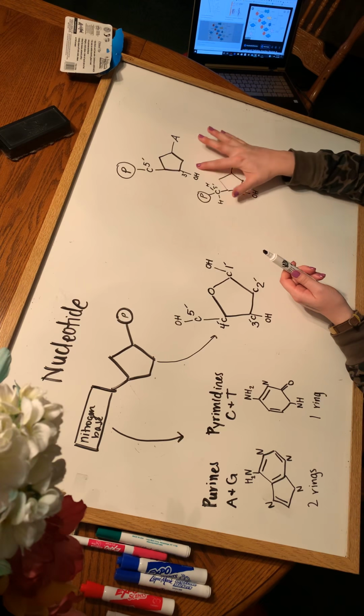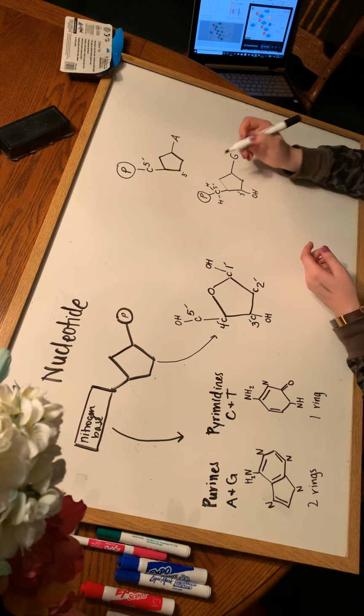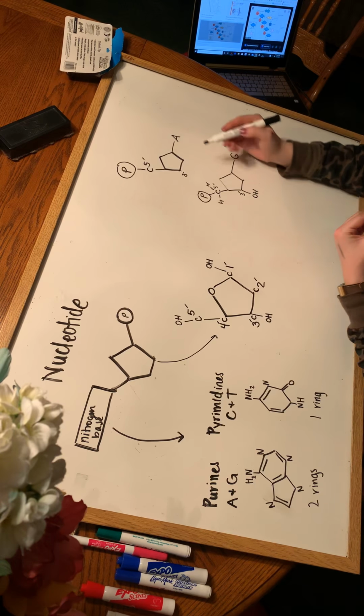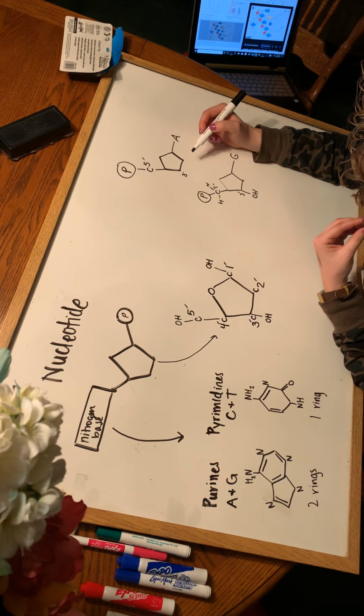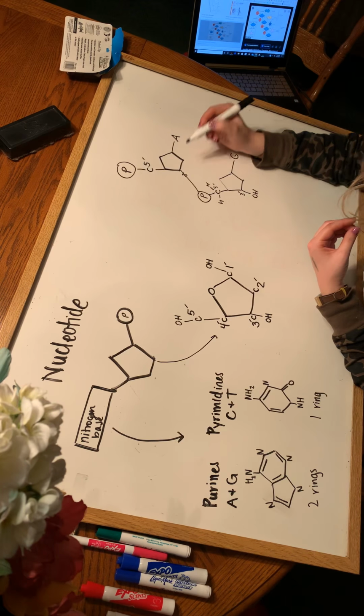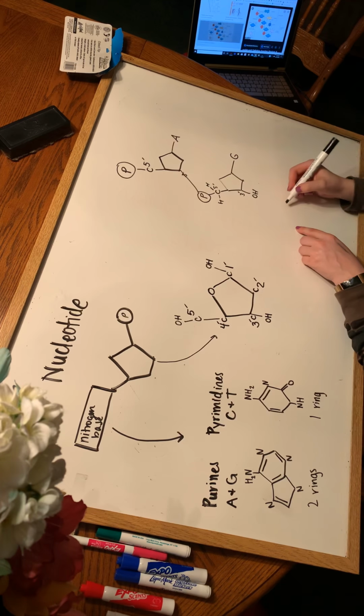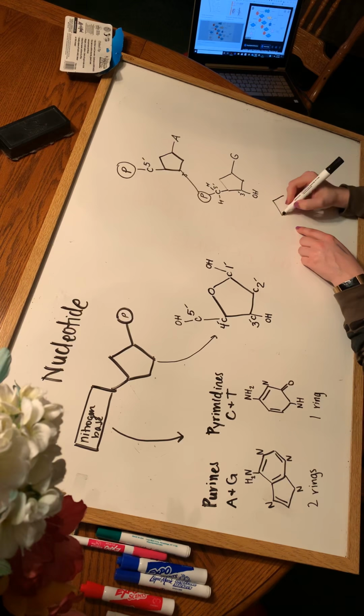So what winds up happening is this OH goes away, and the covalent bond forms between the phosphate group and that 3' carbon, okay? And same thing if another one were to come in.